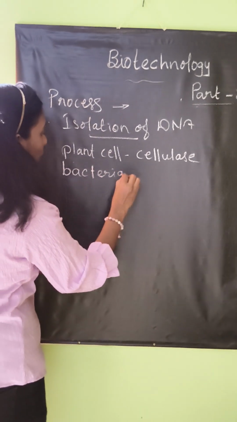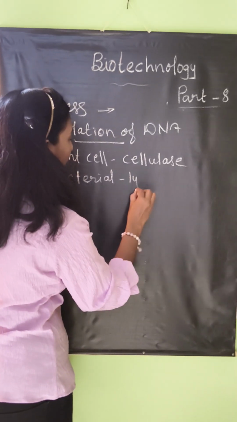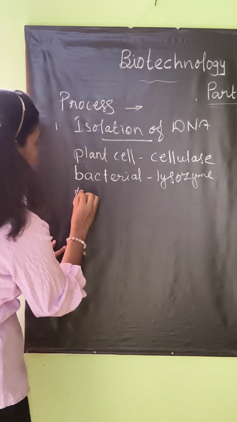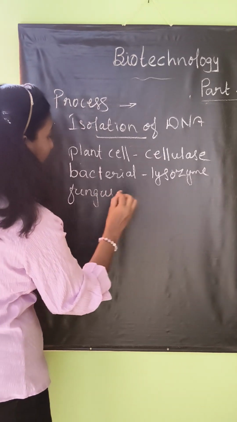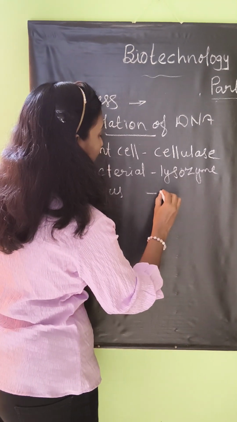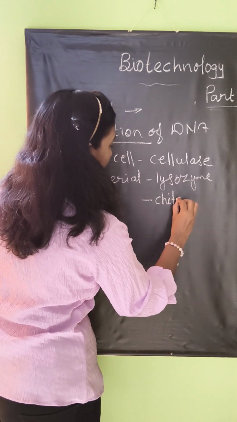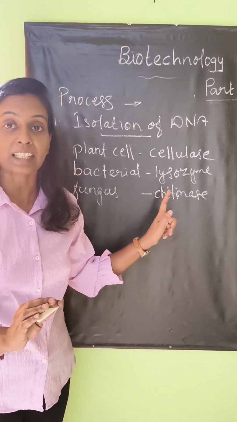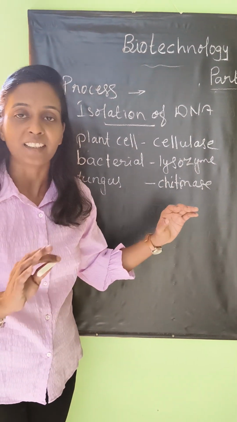Bacterial cell wall is digested by lysozyme. Fungal cell wall is digested by chitinase. So by the help of these enzymes we can break the cell wall.